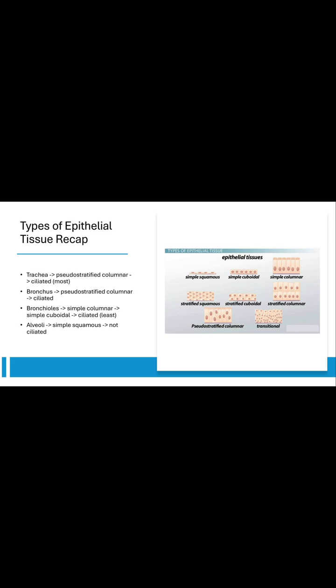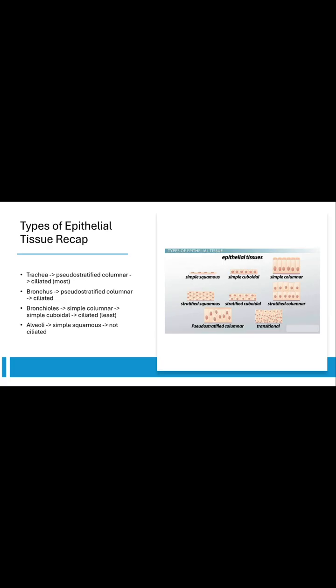Okay, we're going to do a types of epithelial tissue recap. Trachea has pseudostratified columnar. It is the most ciliated out of all of the gas exchange parts that we've looked at. The bronchus has pseudostratified columnar as well. The epithelial cells are also ciliated.